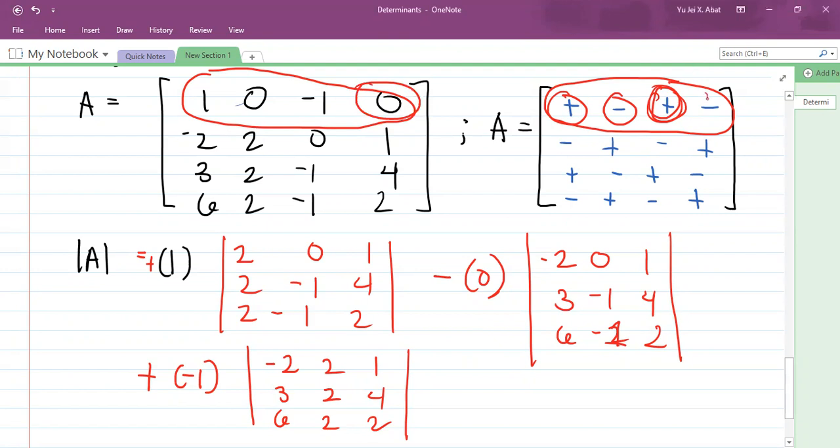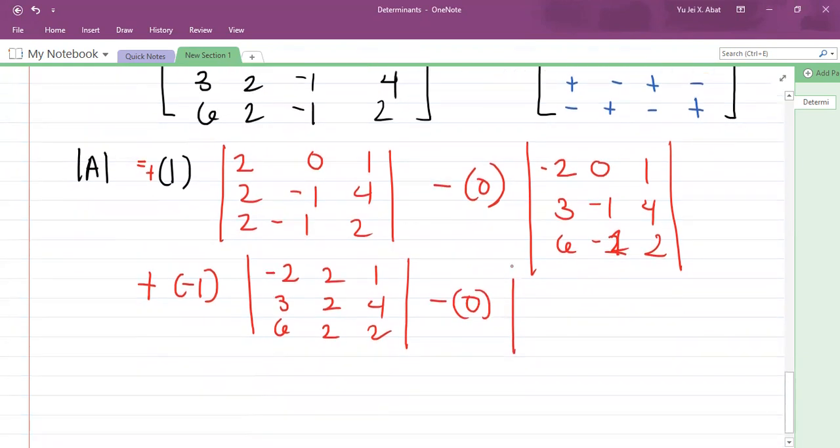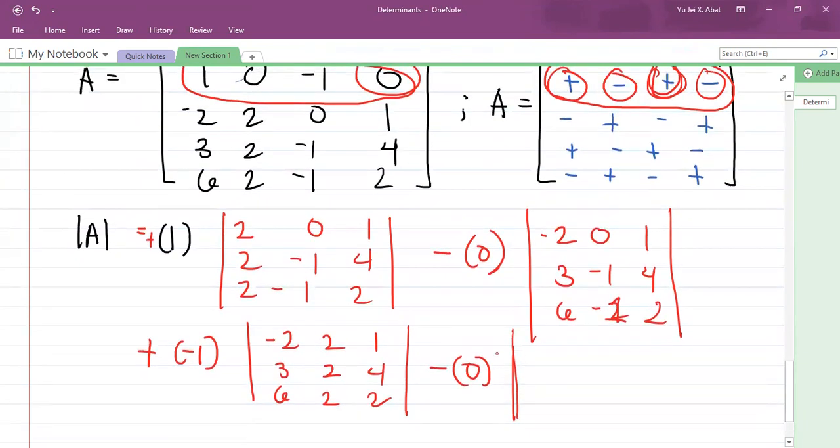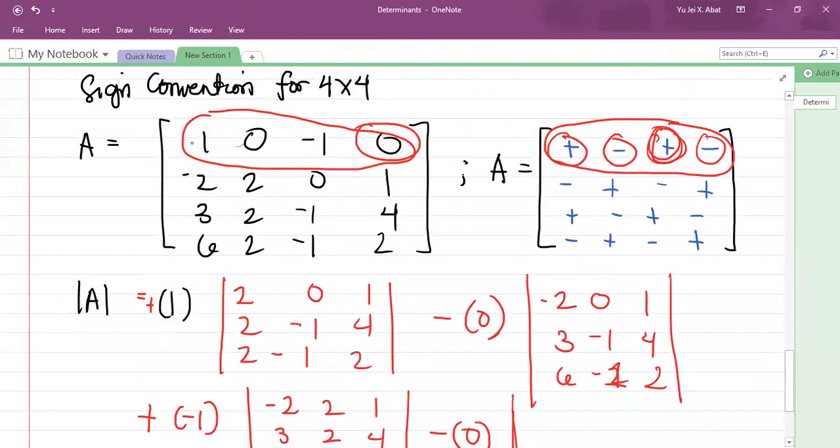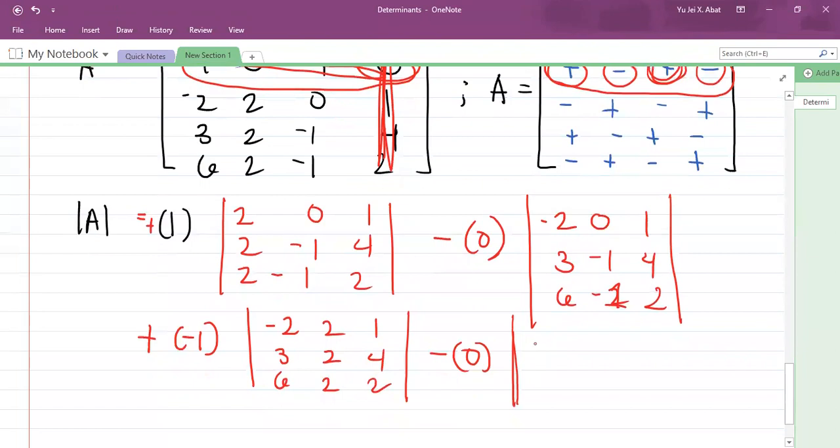So minus, kasi may minus na. Minus 0 times kung ano yung matatakpan niya. Ano ba yun? So itong row yun, takip to, takip din to. So -2, 2, 0, 3, 2, -1, 6, 2, -1. Ayan. So ayan yung magiging determinant ng buong 4x4.